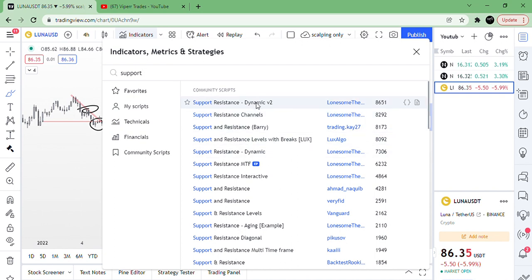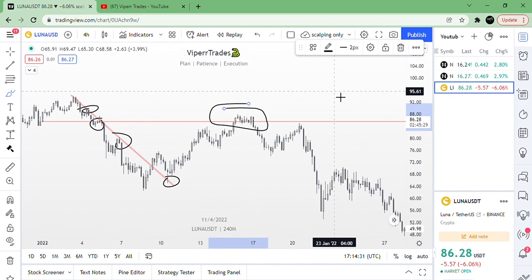I don't really use this, by the way, but I do believe it works very well. I know a few people that use it. We've got the dynamic versions as well. I don't know how those work, but I guess it's something you have to play around with if you are interested in trading in this manner, or just being able to visualize how support and resistance works on an actual chart.